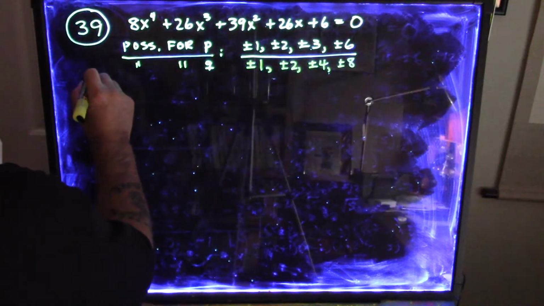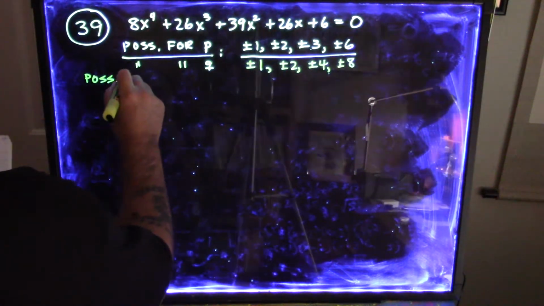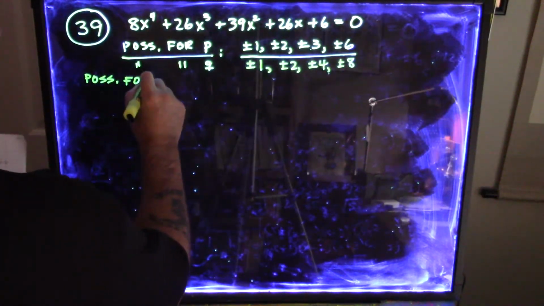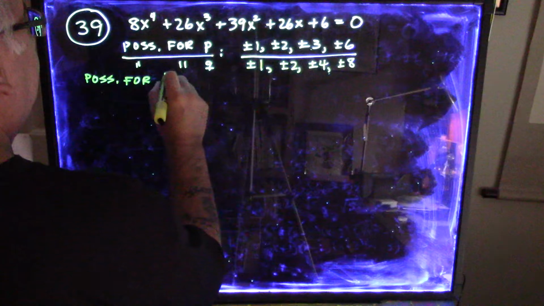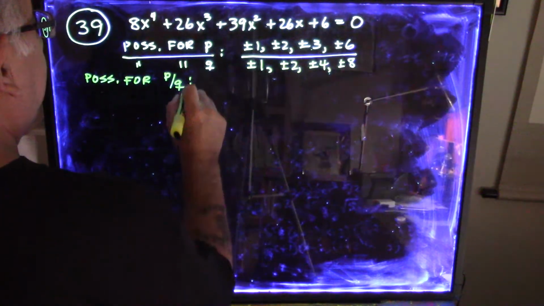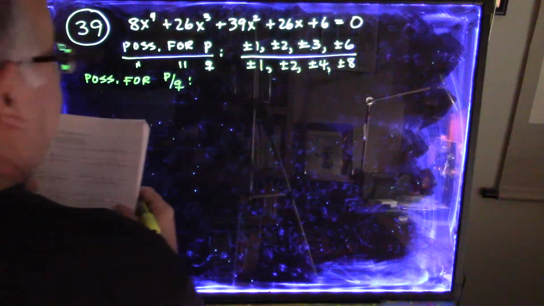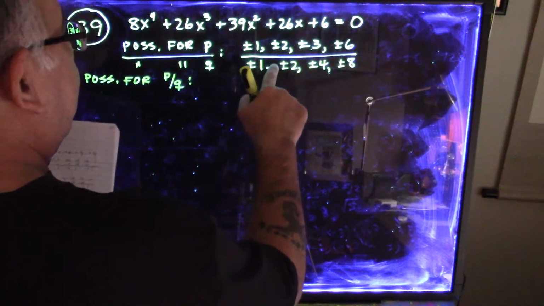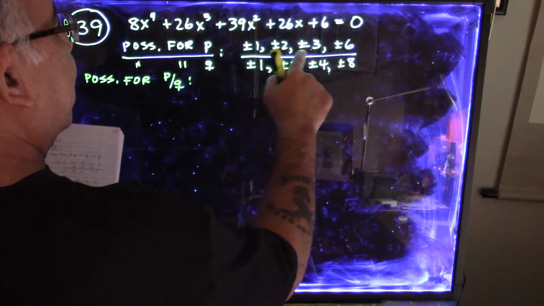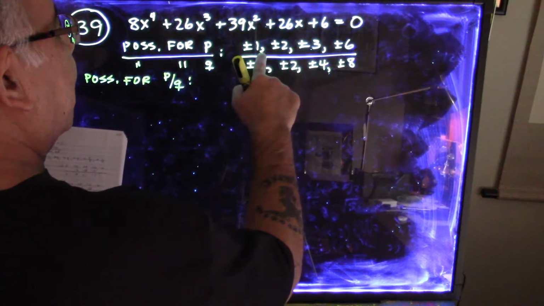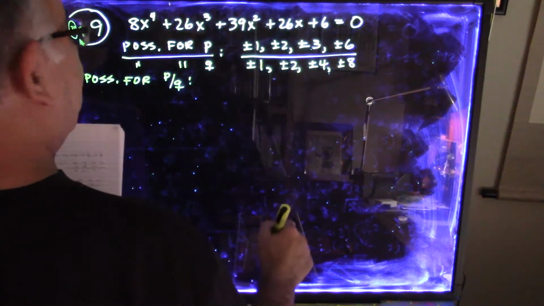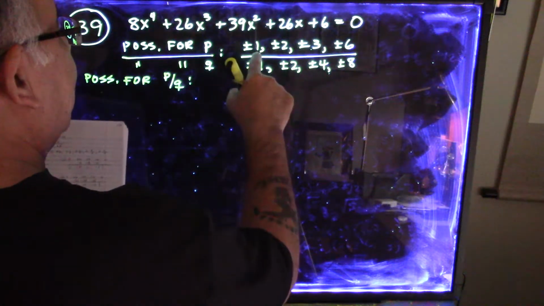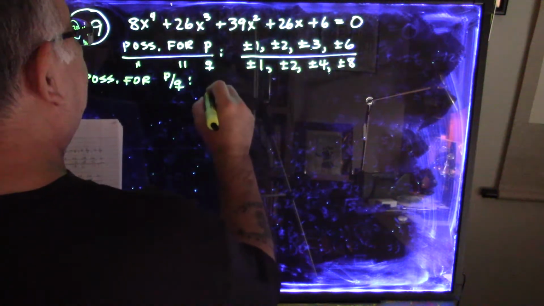So the possibilities for the rational roots P over Q. I can go this way, just go down each of these and put them over 1, and then go each of these again, put them over 2, and so on. So plus minus 1 over 1, that's plus minus 1.